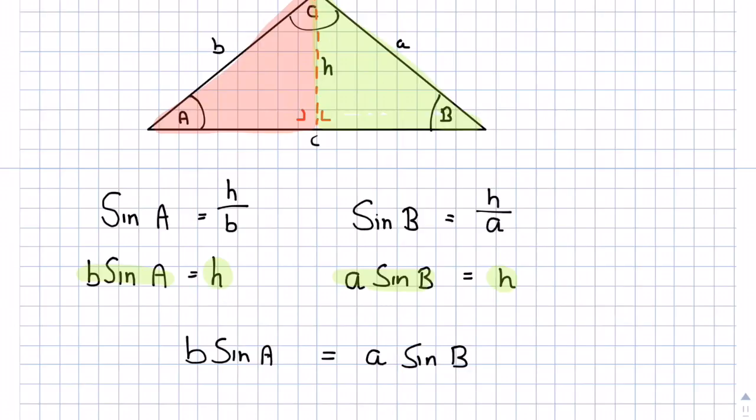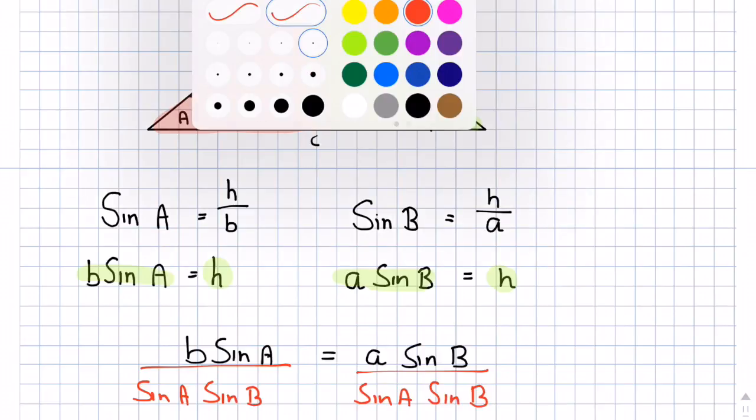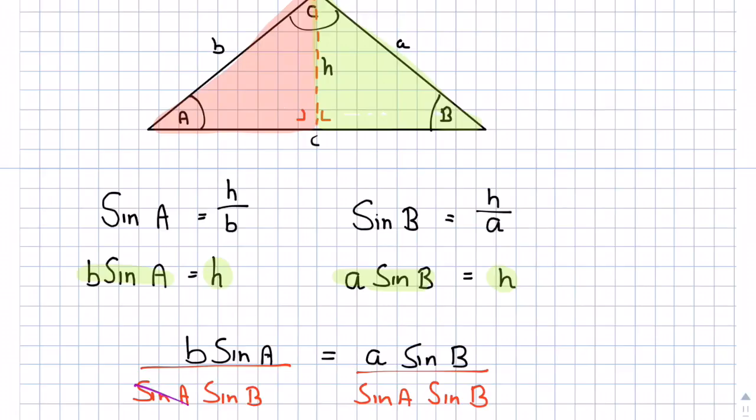What I'm going to do is divide both sides of this by sine A sine B. So if I divide the left by sine A sine B, I need to divide the right by sine A sine B. Before I go any further, I'll notice that the sine A and the sine A will cancel into each other once, and sine B will also divide into each other once.